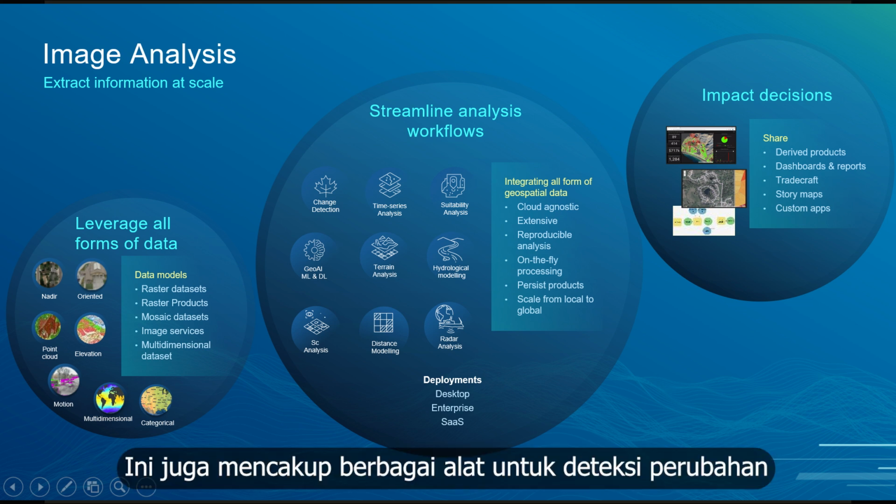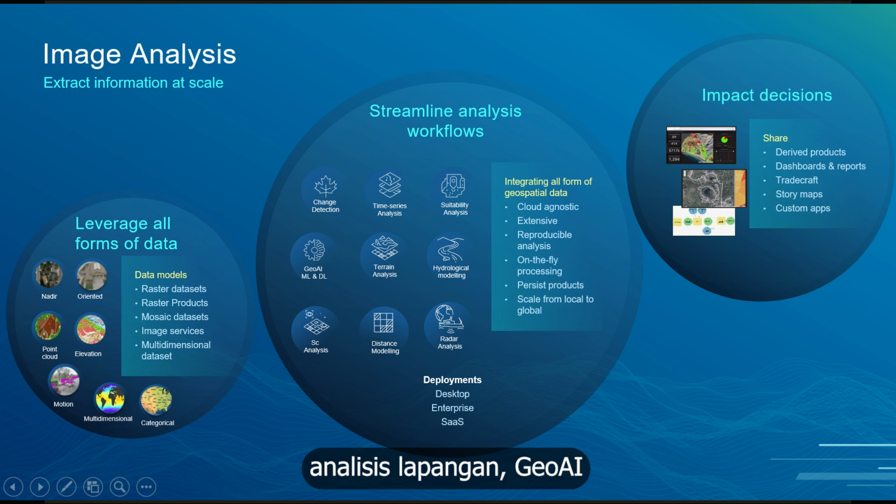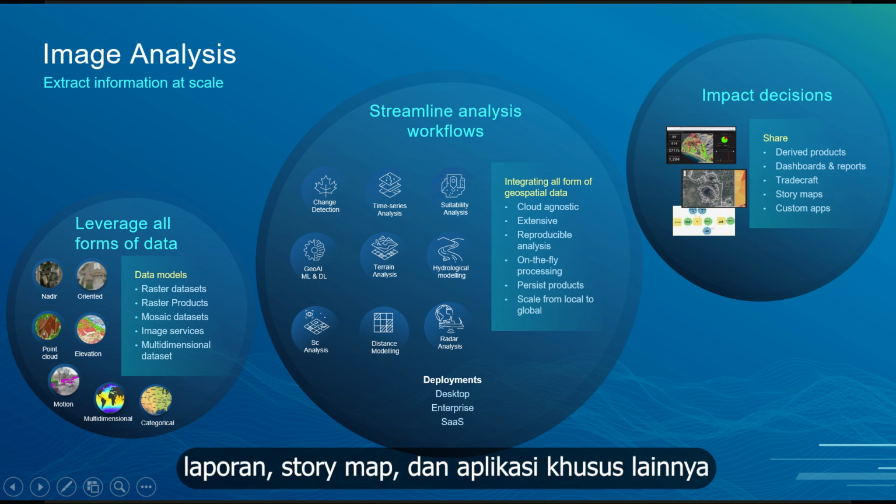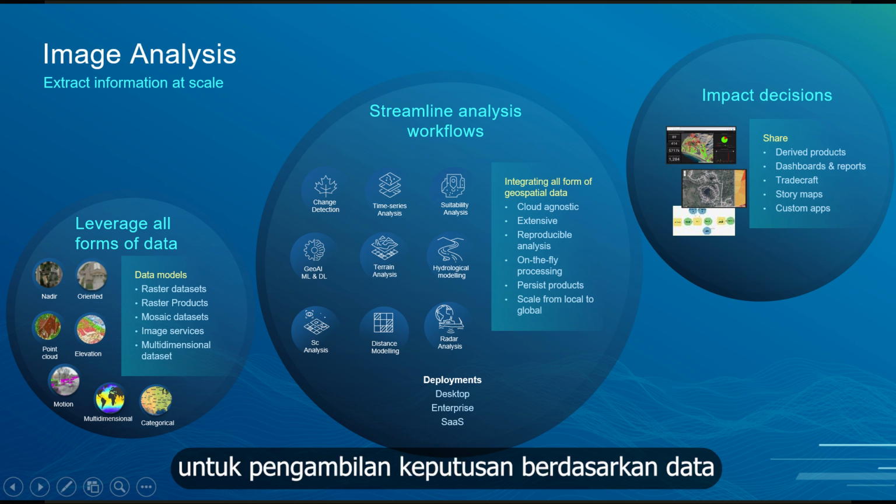It also includes tools for change detection, terrain analysis, GeoAI for machine learning and deep learning. And insights coming from imagery can be shared through dashboards, reports, story maps, and other custom applications, enabling data-driven decisions.